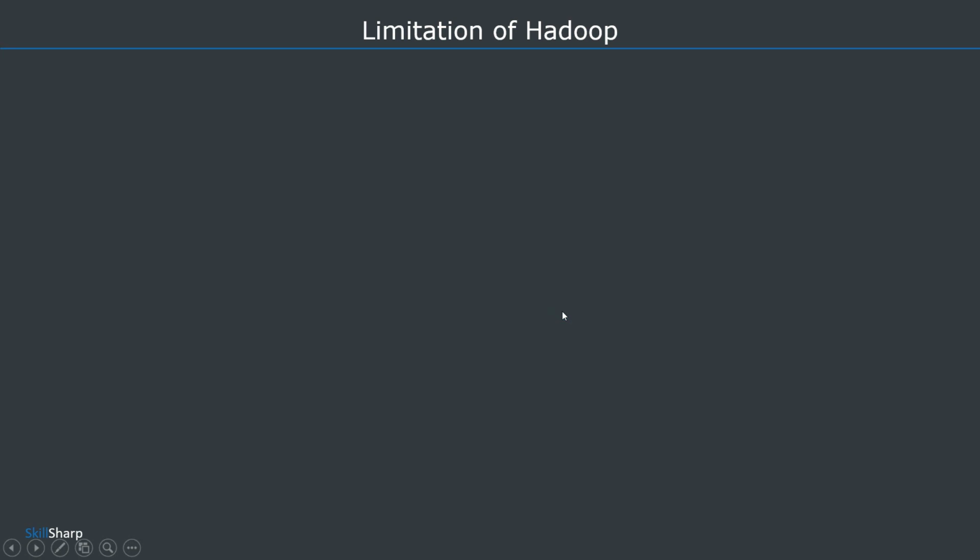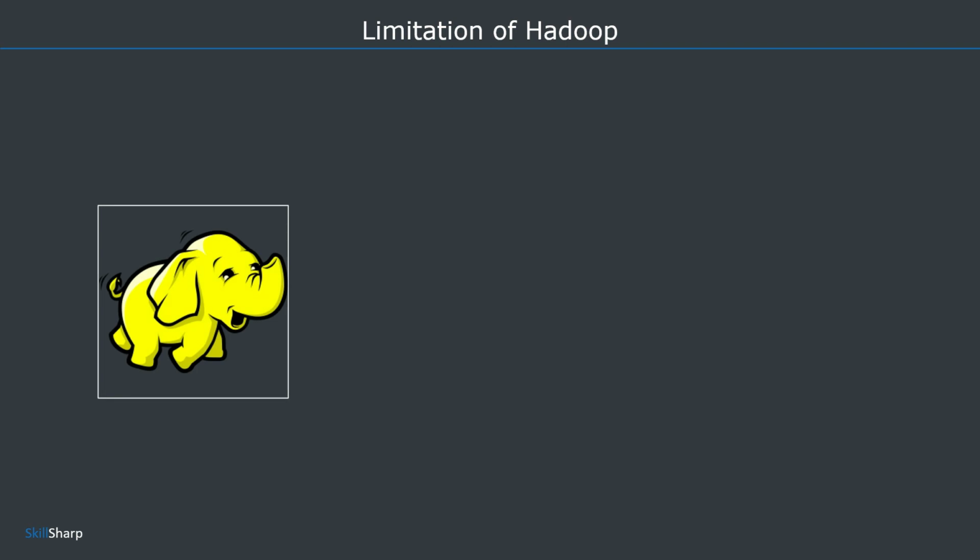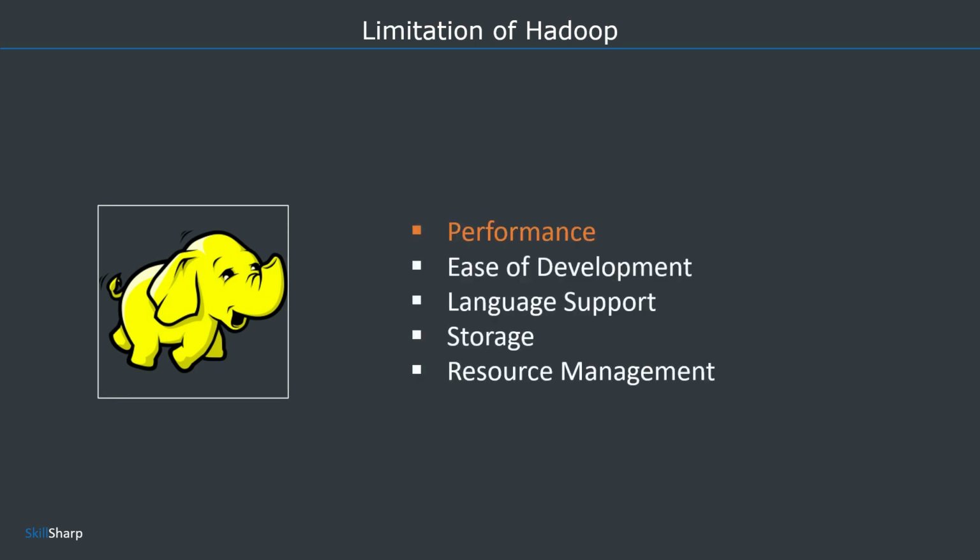So let's see why all these technologies were developed. Definitely, there are some limitations in Hadoop. That's why all these technologies needed to be developed. So let's see what the limitations of Hadoop are. The first limitation of Hadoop is performance.